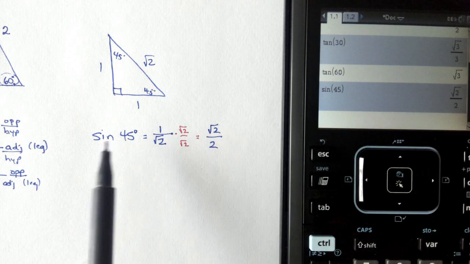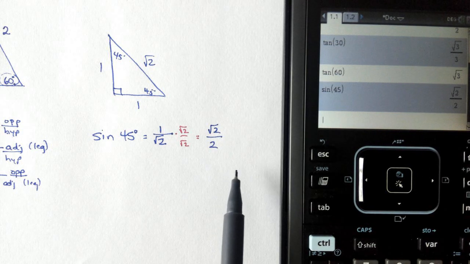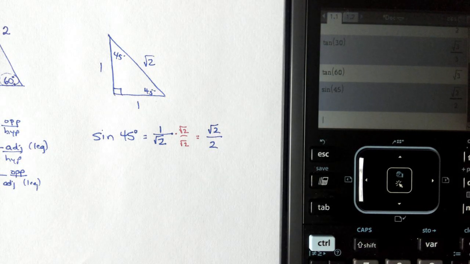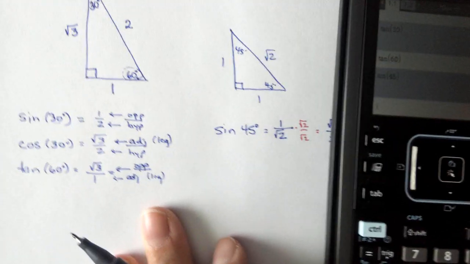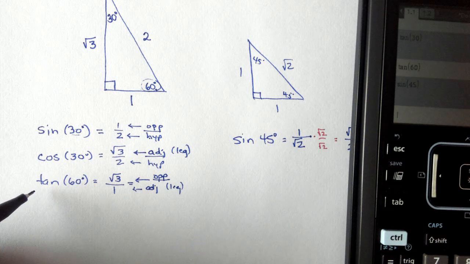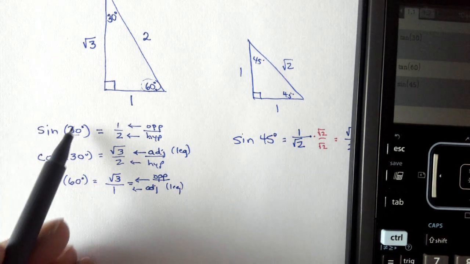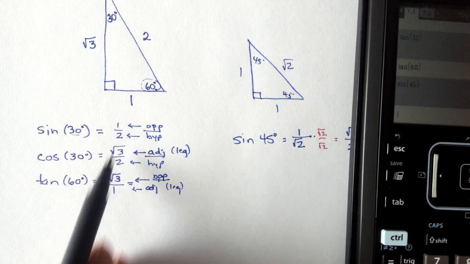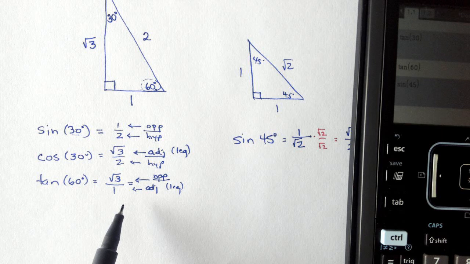In order to get the ratio that doesn't have decimal approximations, we would have to actually get a picture and do it. Okay, so big idea. These three trigonometric functions, or trig functions for short, take an angle of a triangle and report a pair of sides in ratio form.